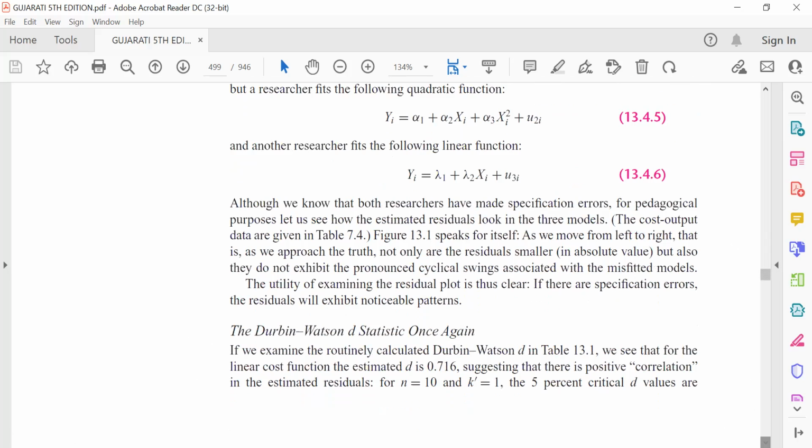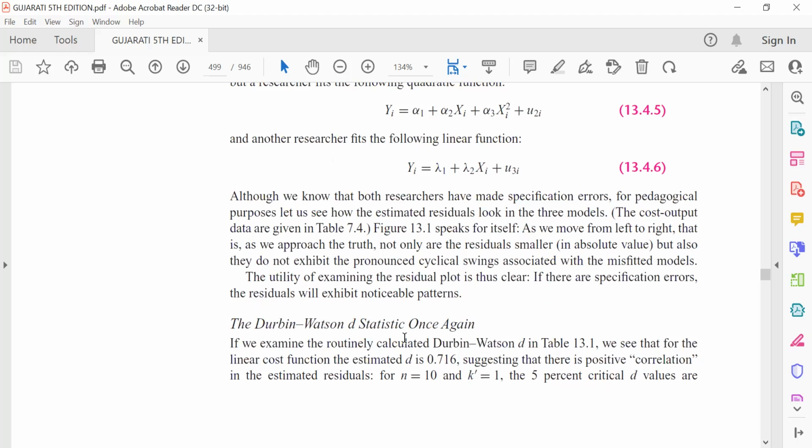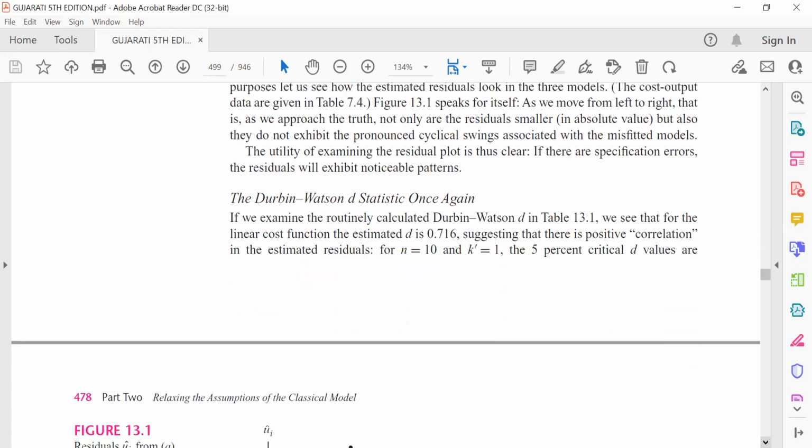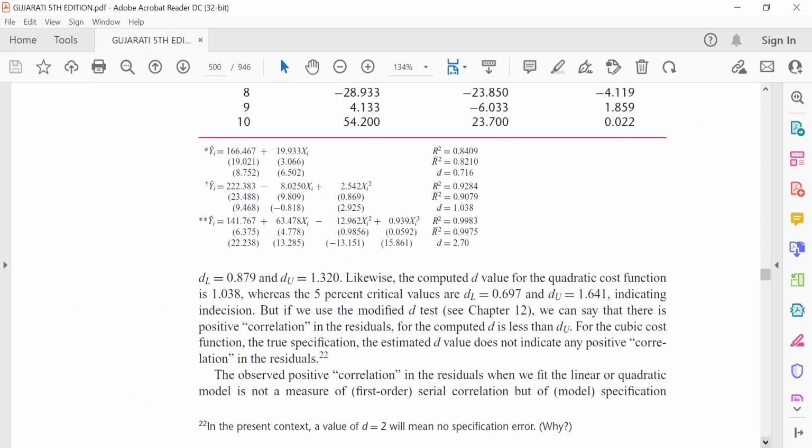If we estimate and routinely calculate the Durbin-Watson d, we see that for the linear cost function, the estimated d is 0.716, which suggests there is a positive correlation in the estimated residuals. With n is 10 and k is 1, the 5% critical d values are lower limit 0.879 and upper limit 1.32.